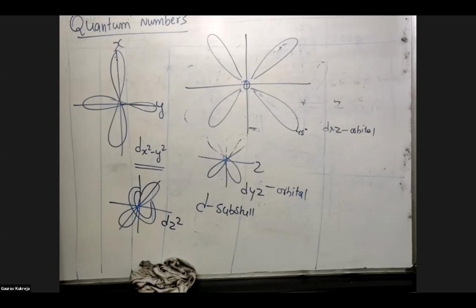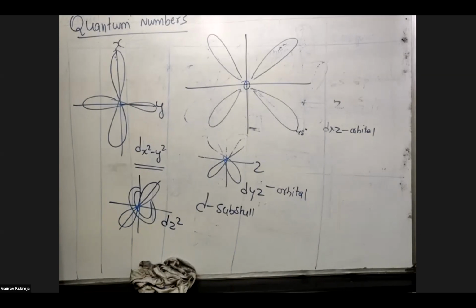So, sir, can we say that dz square is at the last? Can you say what? So dz square is last in the D shell. dz, no. That's what I was saying. All the 5 orbitals are equally approachable. The only thing is they are at different axes and different planes, but it doesn't mean that they are at different distances from the nucleus.